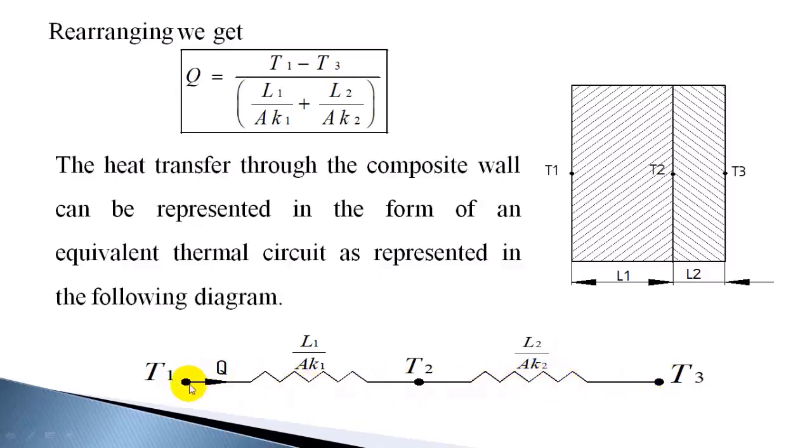When you are taking points T1 and T3, you have two resistances, so you should add them up. When you are taking T1 and T2, you have only one resistance. So T1 minus T2 divided by L1 by AK1, or T2 minus T3 divided by L2 by AK2, or T1 minus T3 divided by L1 by AK1 plus L2 by AK2, all give the heat transfer Q.